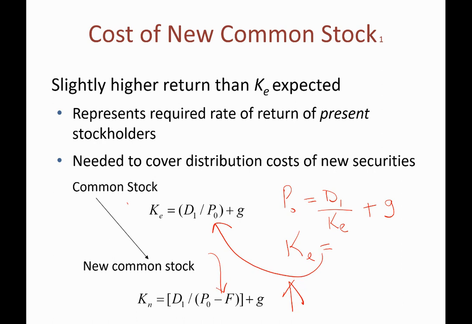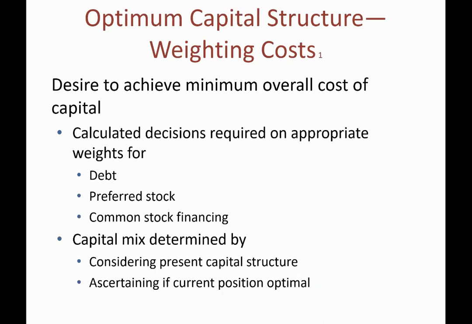Here you have a higher required rate of return than in this case, because remember, you're taking the dividend divided by a price, and the price is much lower because you're taking the flotation cost out of it. By so doing, you end up having a higher cost of capital when it comes to issuing new shares.